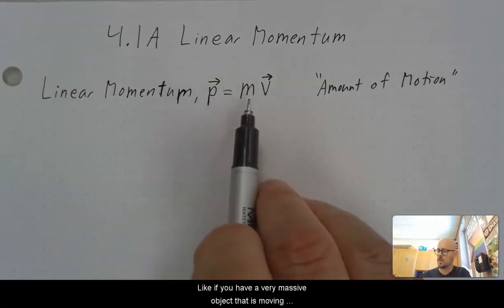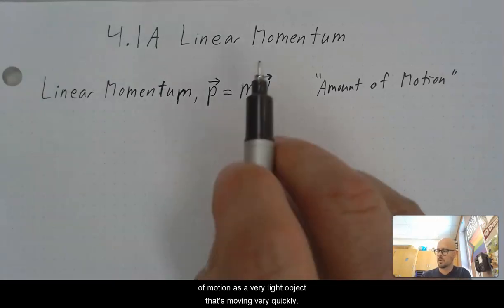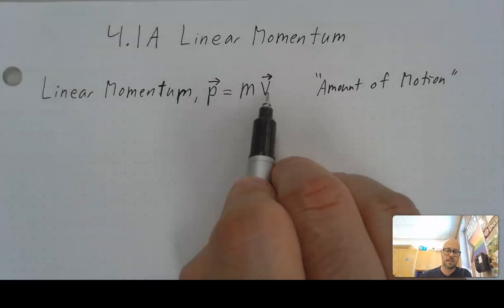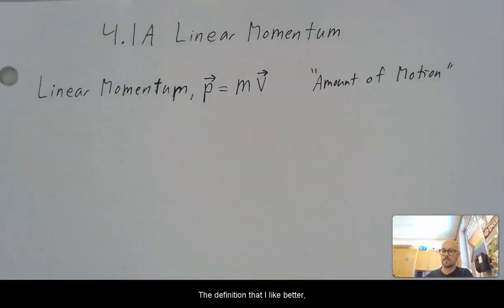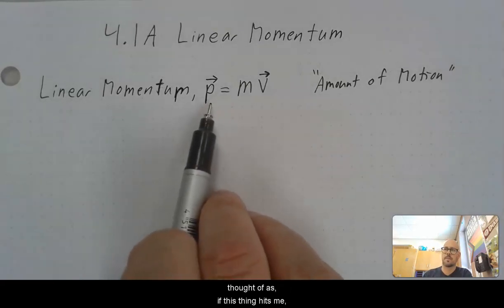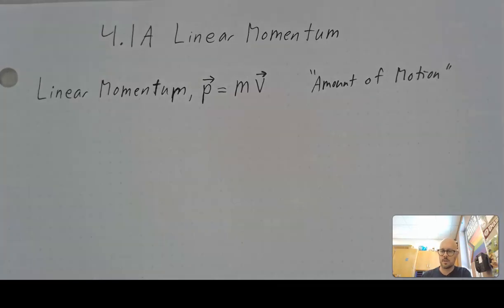Like if you have a very massive object that is moving slowly, it can have a similar amount of motion as a very light object that's moving very quickly. The definition that I like better, that is very unofficial, is that momentum can be thought of as, if this thing hits me, how much would it hurt?